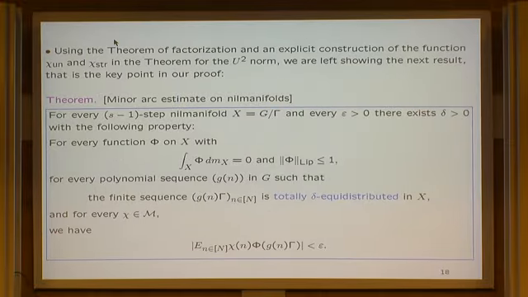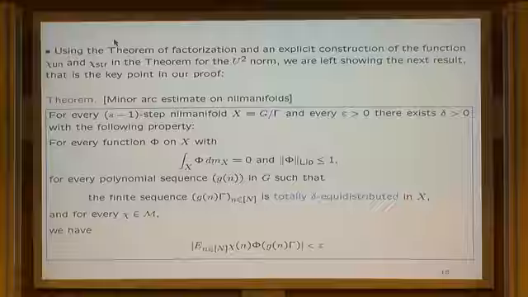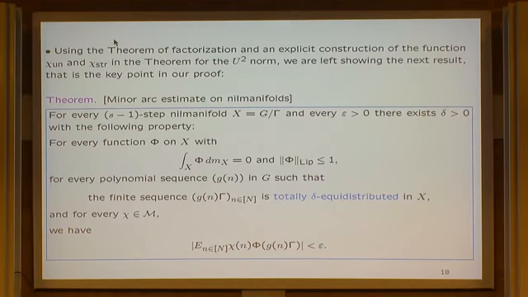Now, we use this factorization, and we have an explicit construction of the decomposition, and we are reduced to prove this theorem, which is the minor arc estimate corresponding to the abelian minor arc estimate, which is the following.